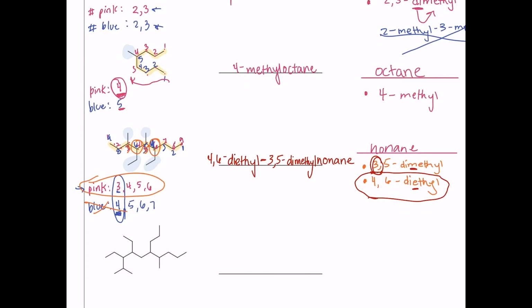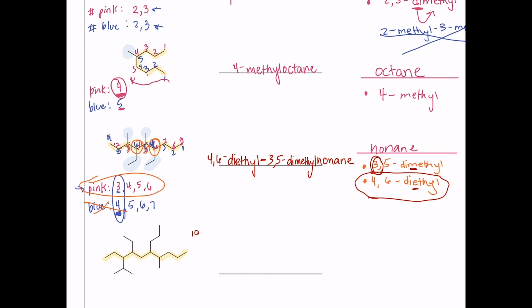Okay, so look at this beast down here. Just looking at it, we might have to figure out where the longest parent chain is. All right, so let's say we do this. Maybe this is the longest parent chain. Let's count how many that would be. 1, 2, 3, 4, 5, 6, 7, 8, 9, 10. That'll give us 10.